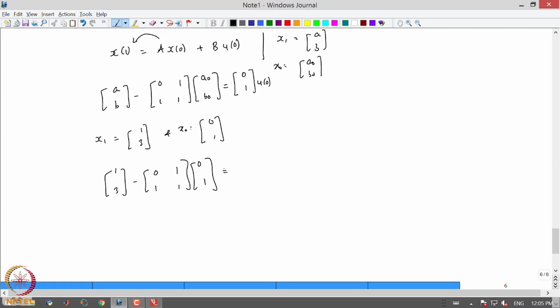This equals [0; 1] u naught. Okay, so this implies that with u naught equal to 2, I can transfer the state from x 0, which is [0; 1], to x 1, which is [1; 3], in one time step.